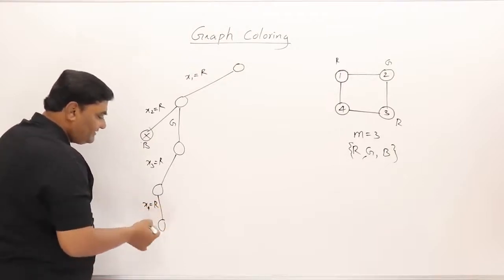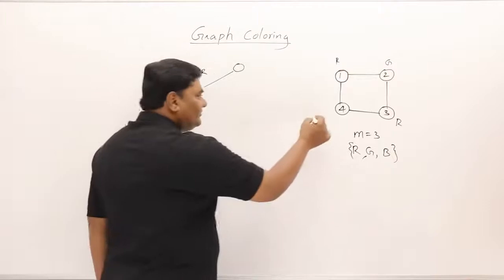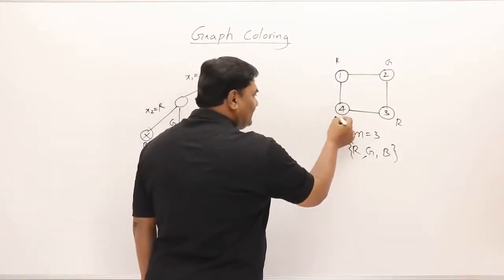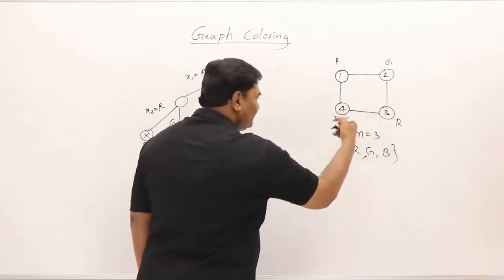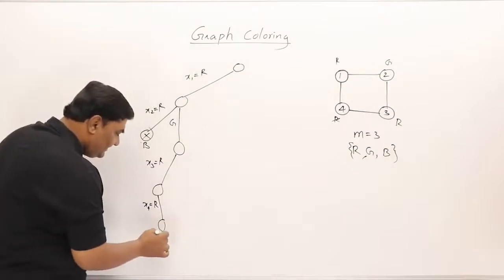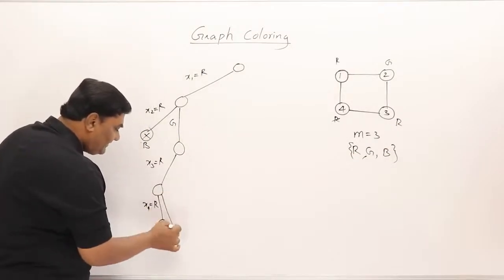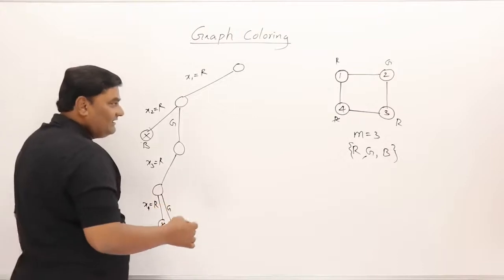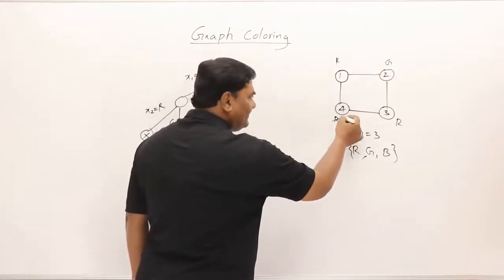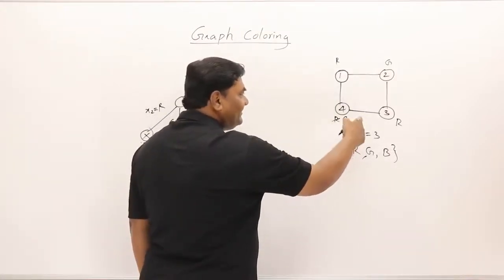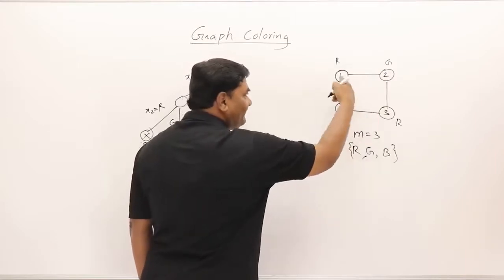So let us check first, can I give red color? Here, no red color, this is adjacent to 2, so it cannot be given. So this node is killed by the bounding function. Let me try the next color, that is green. Can I give green color? Yes, it can be given, and this is different from these two.